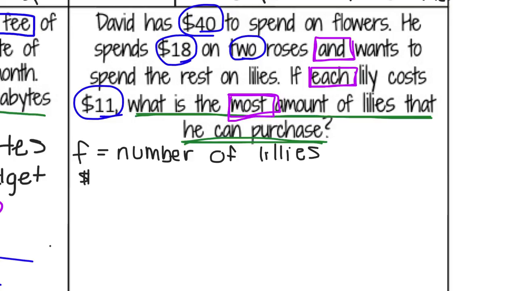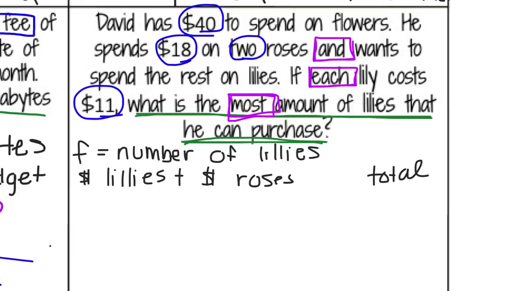Alright, so the money he spends on lilies plus the money he spends on roses is going to be related to his total he has to spend. To find the amount he spent on lilies, it cost $11 for each one, times the number of lilies, which I don't know, so I put my variable there.